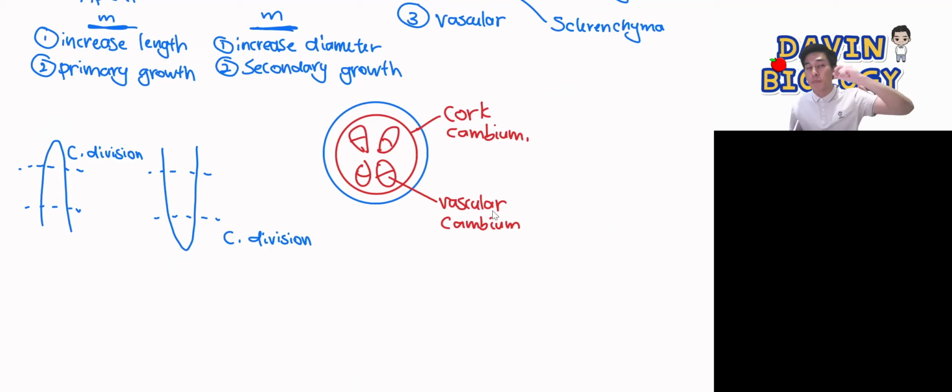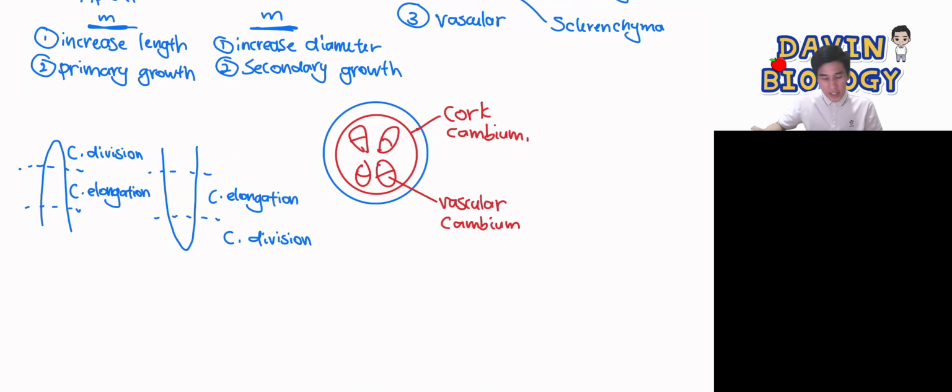Now as they grow longer, the cells then have to start to become bigger. So the next zone is what we call the zone of cell elongation.